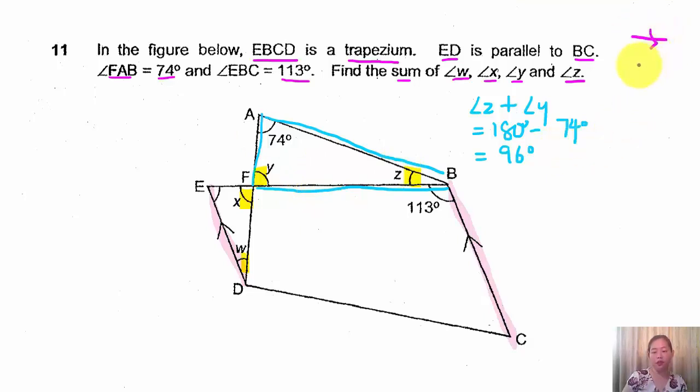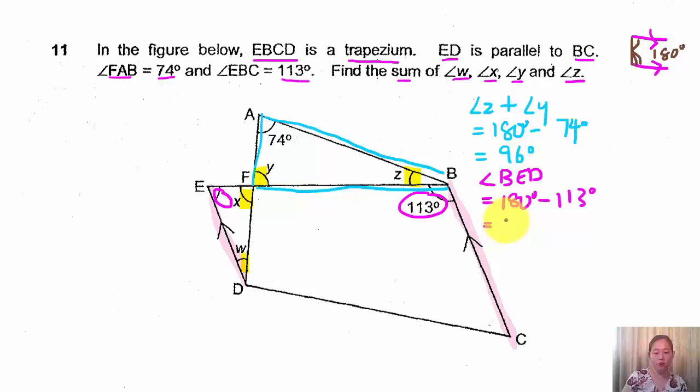One of them is the interior angle, where this angle and this angle add together will be 180 degrees. So angle BED is equal to 180 degrees minus 113 degrees, which is equal to 67 degrees.